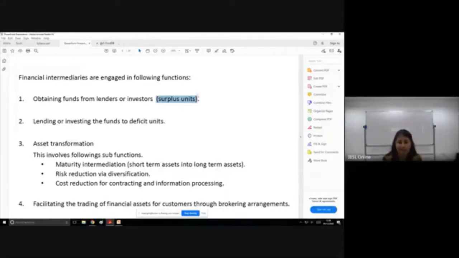It can be a lending or it can be an investing. Okay, even banks can invest in debentures. Remember, they have a share portfolio, they have a debenture portfolio, or they can give lending in the form of loans and advances.